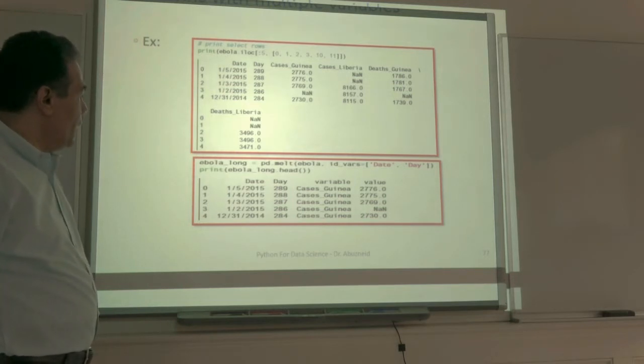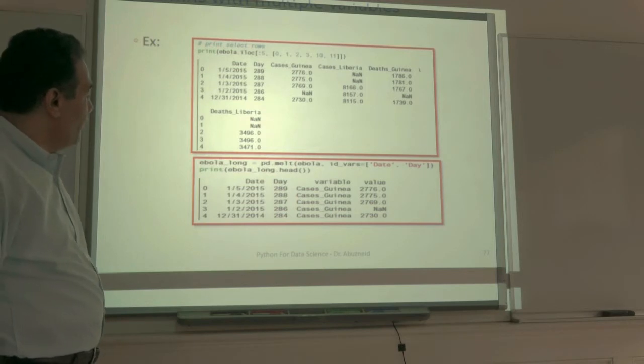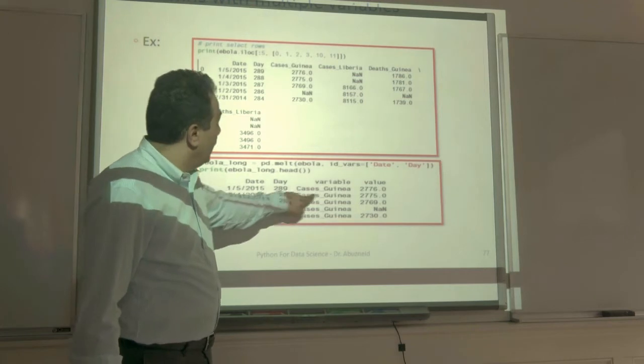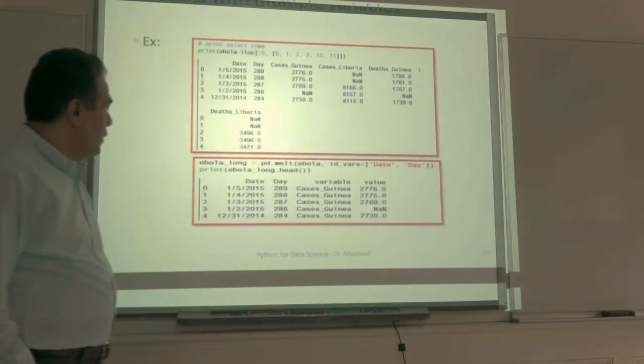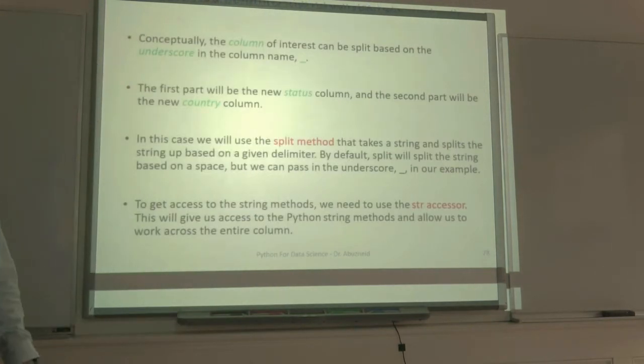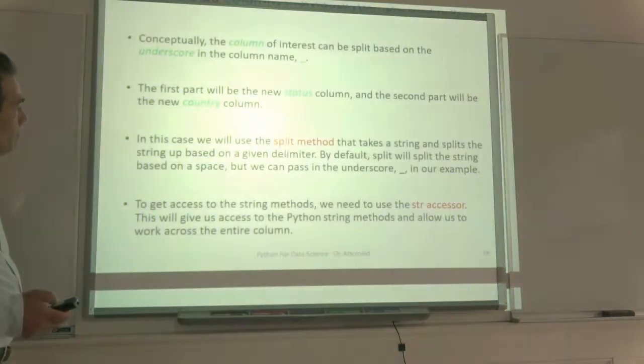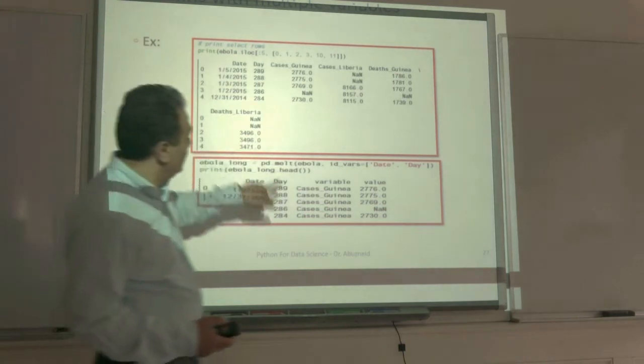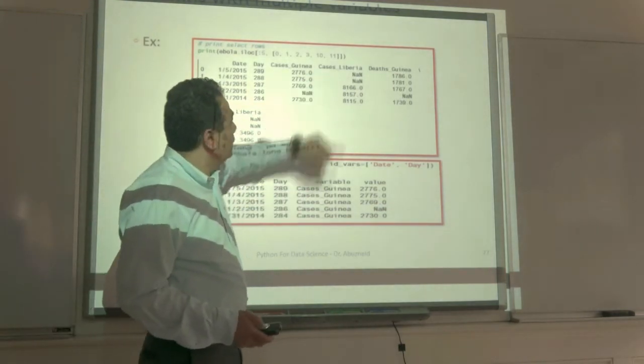And melt everything else, so the variable in here, cases_Guinea, and the value. So how to split this? How to split it in two?